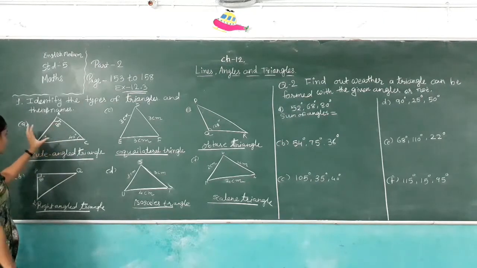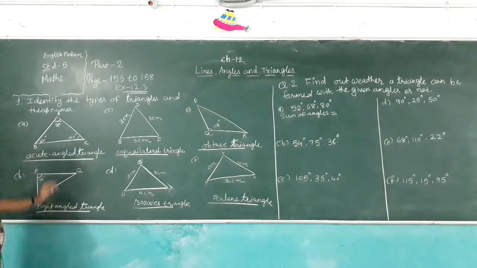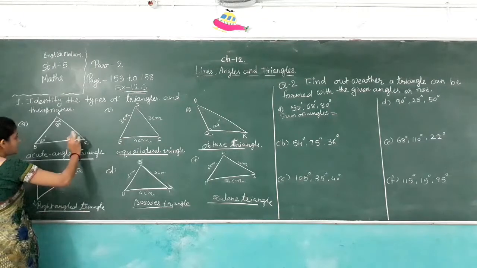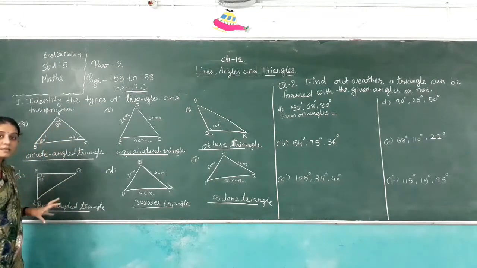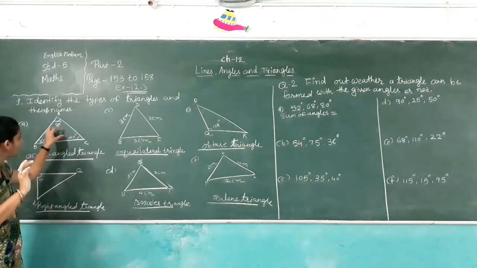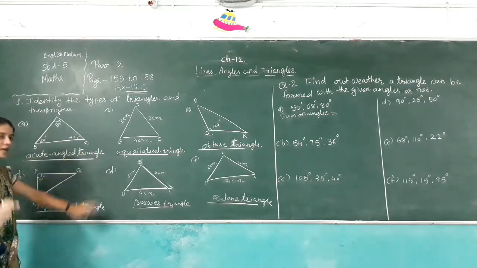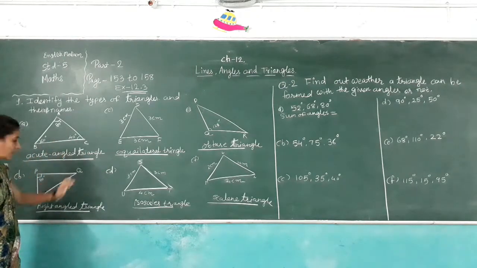In this triangle, angle A measures 80 degrees, angle B measures 60 degrees and angle C measures 40 degrees. These three angles are each less than 90 degrees. This type of triangle you call an acute angle triangle.